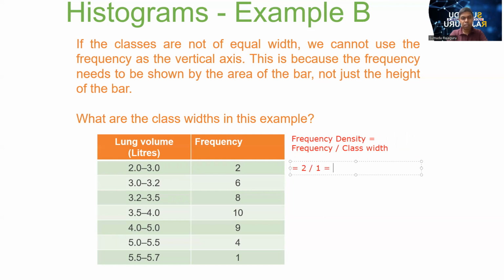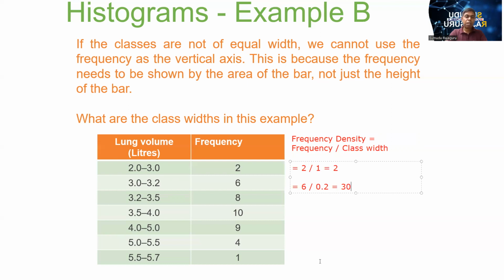So frequency density is 2. But when we come to here, frequency is 6, class width is 0.2. Then frequency density is 30. Like that, we have to calculate the frequency densities.